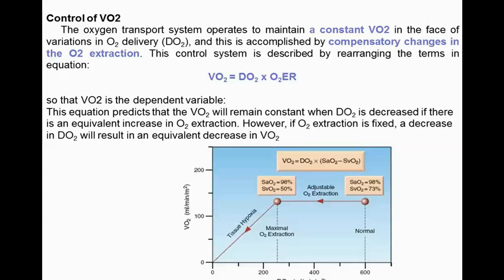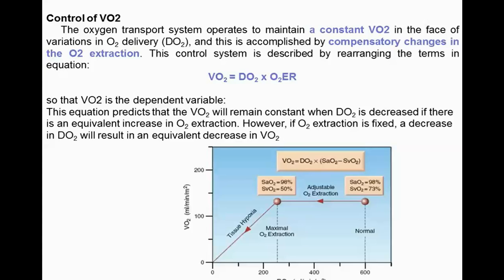Forever, or to a certain point? A certain point. What is this point? The point where the extraction becomes maximized. How do they maintain the oxygen uptake the same? By increasing the extraction from the delivered oxygen.